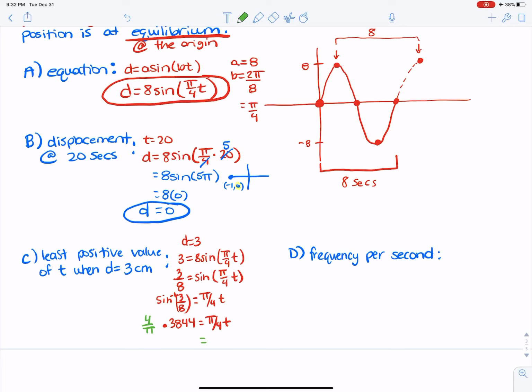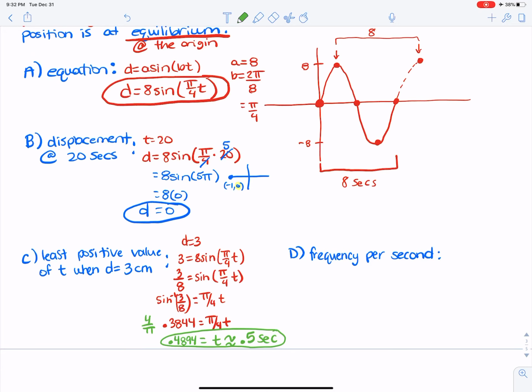When you multiply by 4 over pi, t equals 0.4894, which is about a half a second. Which makes sense. It's got to be within your time frame of 8 seconds, because 3 centimeters is within your displacement of 8 centimeters. So that makes sense. Half a second. If you did it in degree mode, it would have been something like 22, and that just doesn't make sense. That's way past 8 seconds.